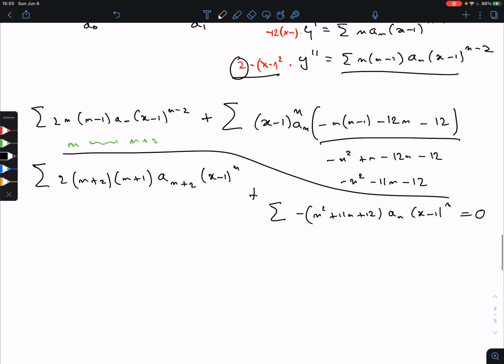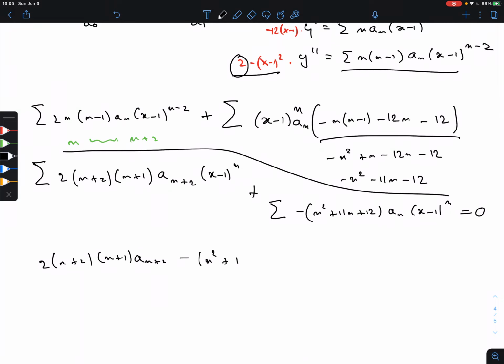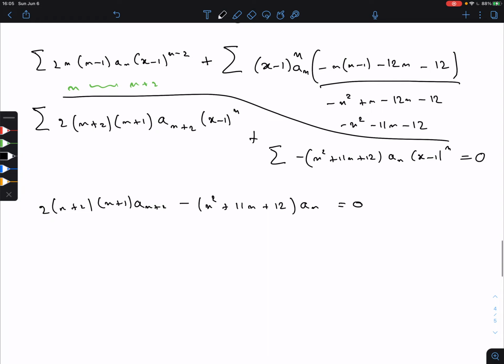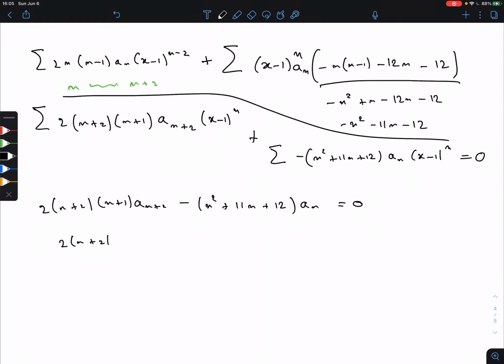And so we see that what we get is 2 times n plus 2 times n plus 1 times an plus 2, minus n squared plus 11n plus 12 times an, is 0, and so we solve for that. So we bring that to the other side. 2 times n plus 2 times n plus 1 times an plus 2 is equal to n squared plus 11n plus 12 times an, and then divided.